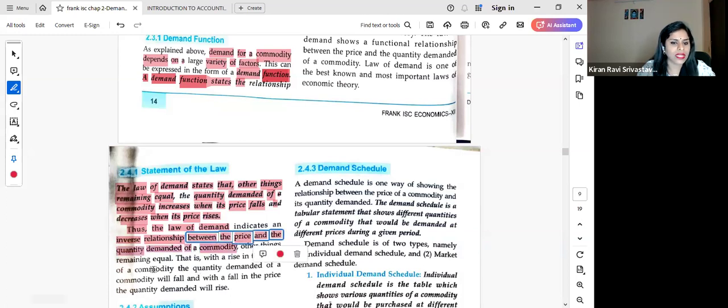Other things remaining equal. What are the other things? Points 2 to 11. That is, when there is a rise in the price of a commodity, the quantity demanded of the commodity will fall, and with the fall in the price of the commodity, the quantity demanded will rise.